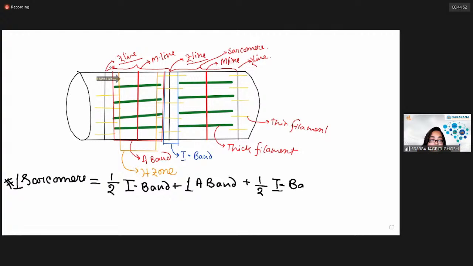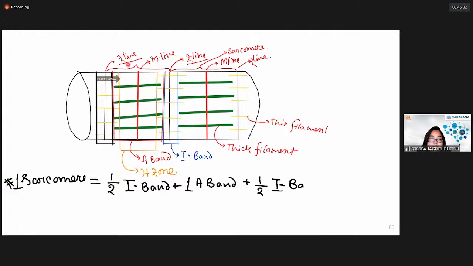If this is a total I band, acha, I'm drawing it again. This is an I band where only actin is present. So half I band is present. Next, one A band, a complete A band is present.